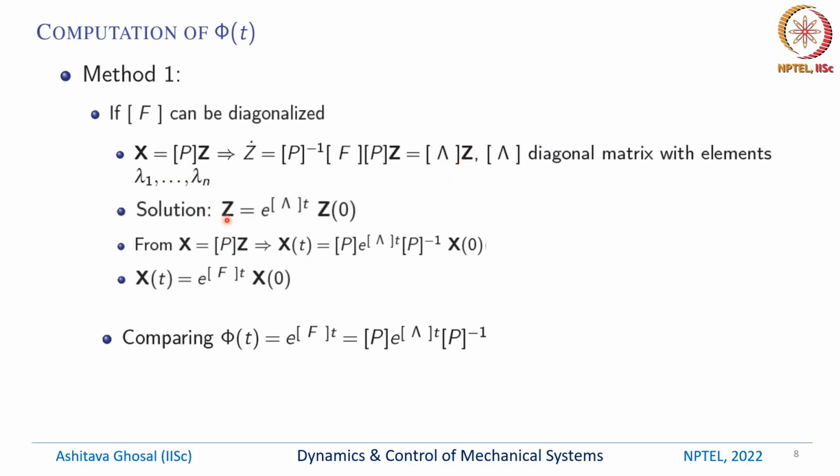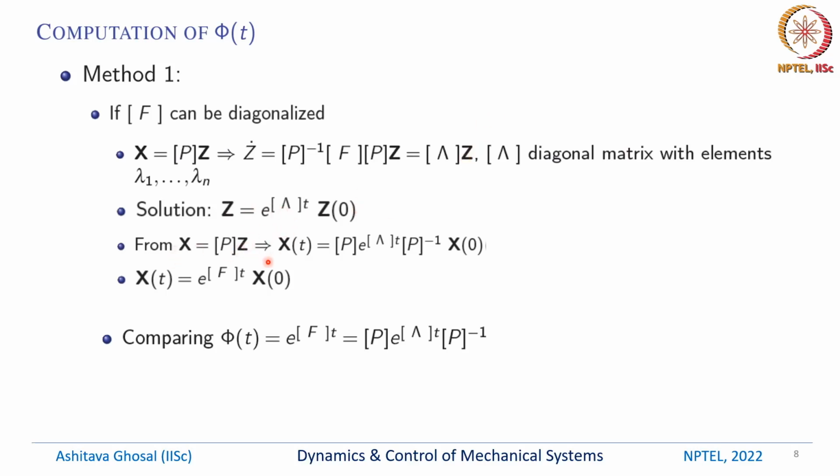So the solution will be e to the power lambda t into z0. Each term, like z1, is e to the power lambda 1 t into z1 of 0. The second term z2 is similar, because this is a diagonal matrix now.